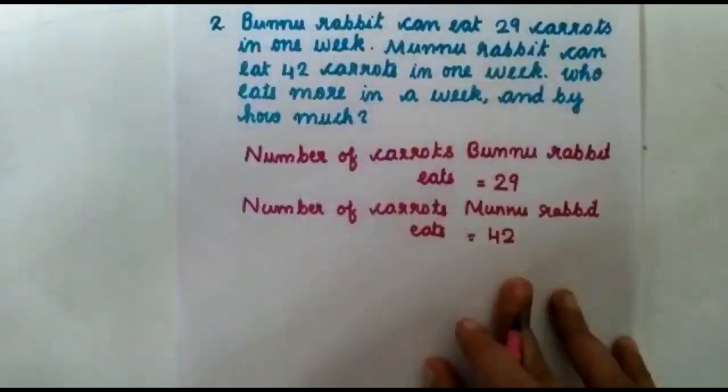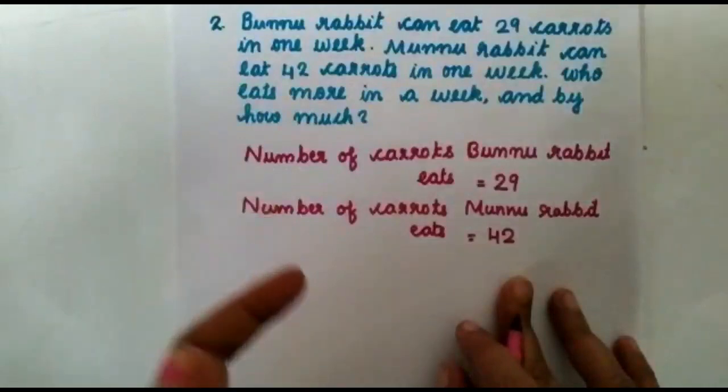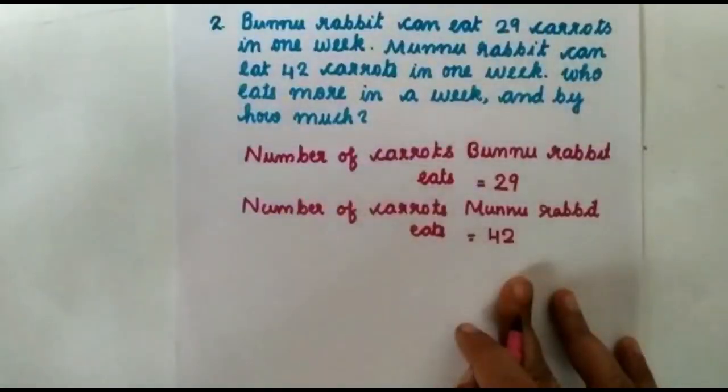So in 1 week, Bunu rabbit can eat how many carrots? 29 carrots. And Munu rabbit can eat how many carrots? 42 carrots. So who eats more carrots? Bunu rabbit or Munu rabbit?